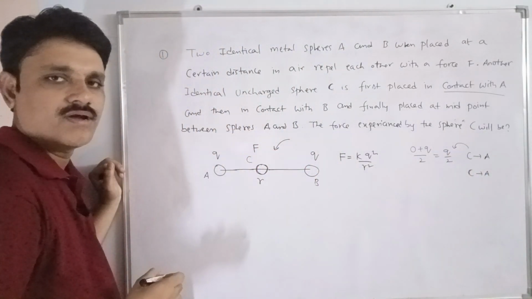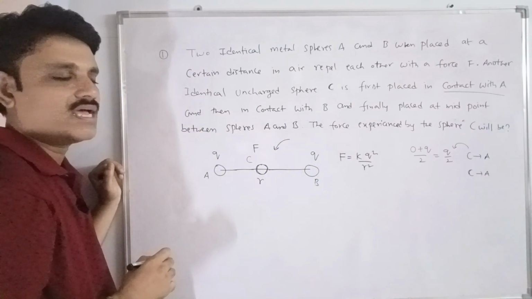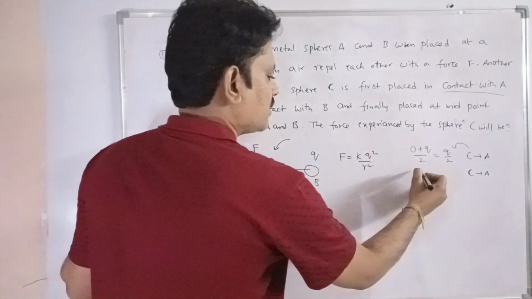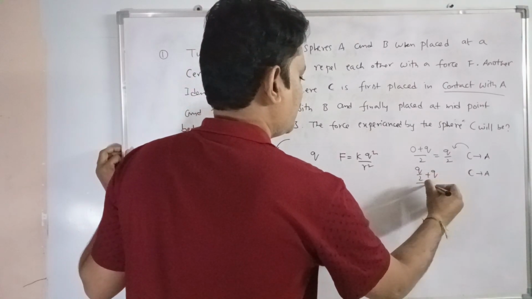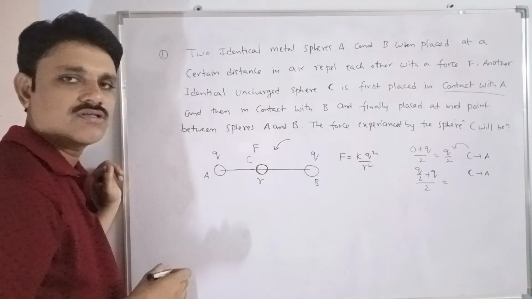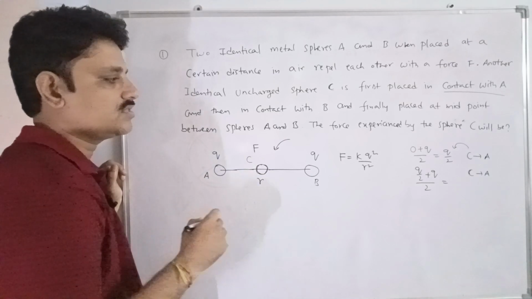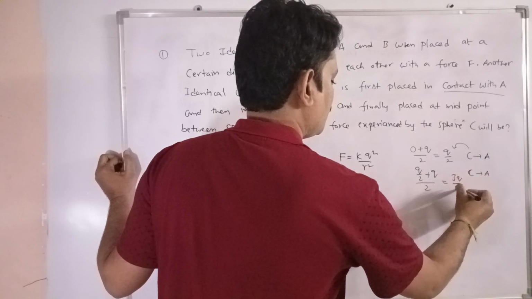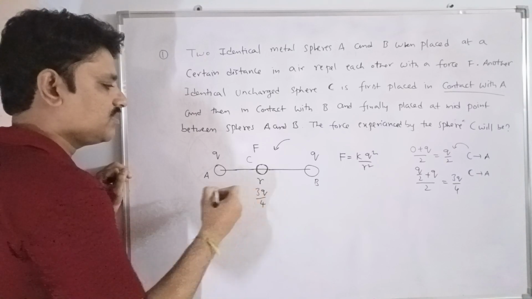C has charge Q by 2, and the charge on B is Q, so the total charge is Q by 2 plus Q, that is 3Q by 2, divided by 2, that is 3Q by 4. So finally the charge on C is 3Q by 4.